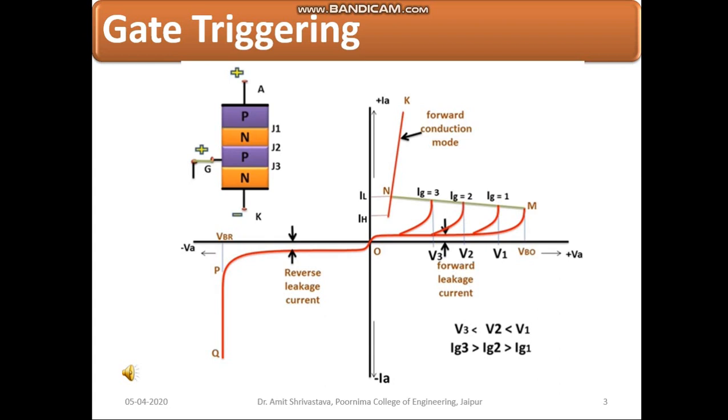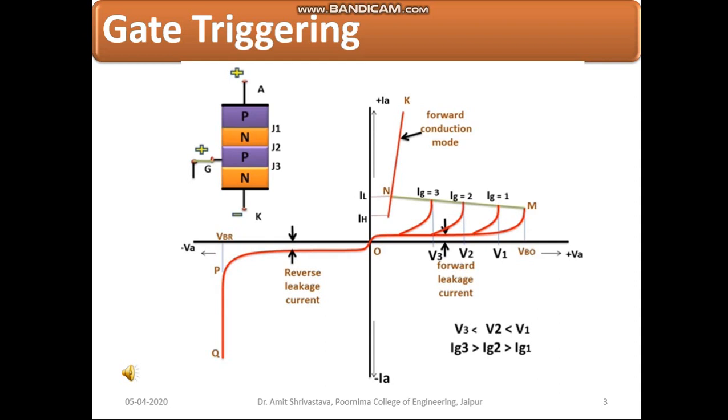As a result, the width of the depletion layer near junction J2 is reduced. This causes junction J2 to break down at an applied voltage lower than the forward breakover voltage VBO. If the magnitude of gate current is increased, more electrons would reach junction J2. As a consequence, the thyristor would get turned on at a much lower forward applied voltage.